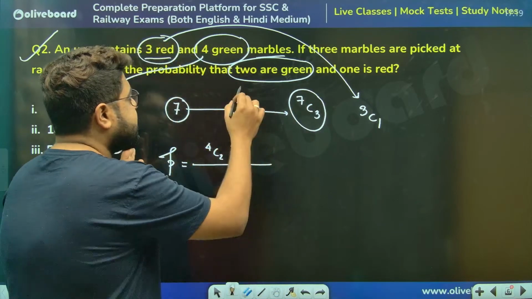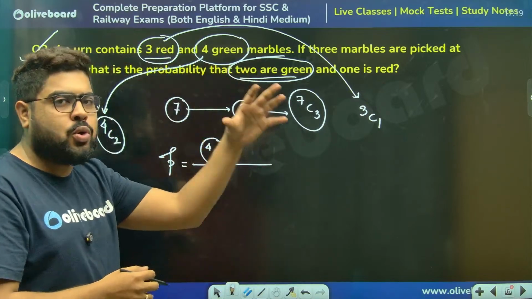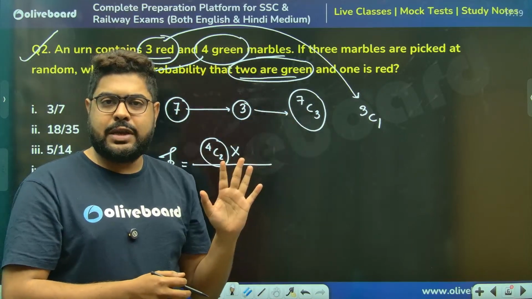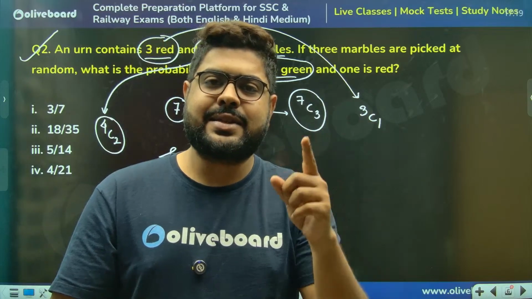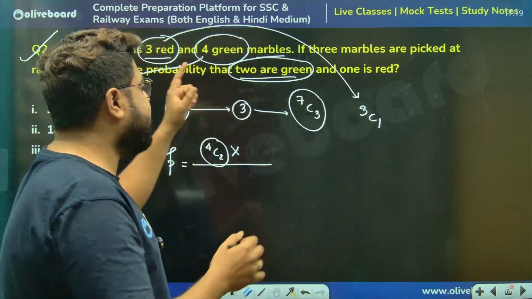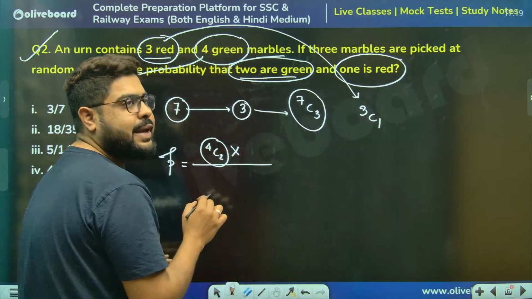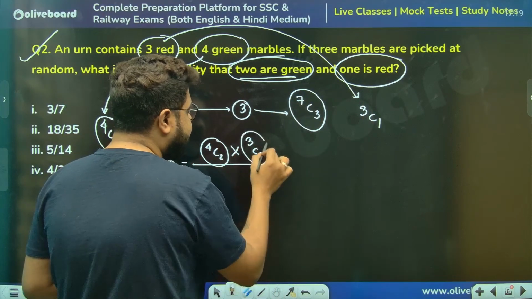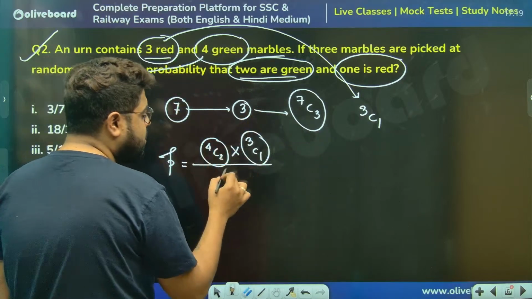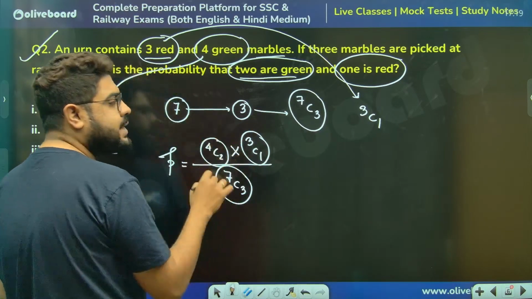Now, once I've put 4C2, I have taken out 2 green marbles out of 4. Is my work complete? The answer is no. My work is not complete because this red marble picking is still to be done. I'll put multiplication. Into red marble, how many was, sir? 3C1. Divided by the total, that means 7C3, sir. That is the classical definition.